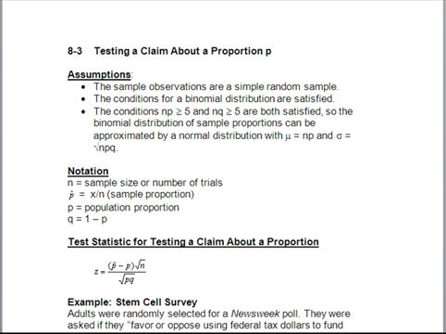So the binomial distribution of the sample proportions can be approximated by a normal distribution with the mean of the population equal to np and the standard deviation of the population equal to the square root, a square root that goes all the way around, of npq.